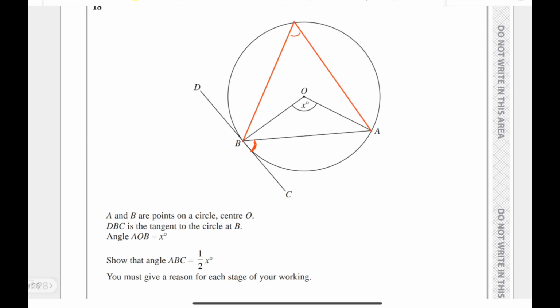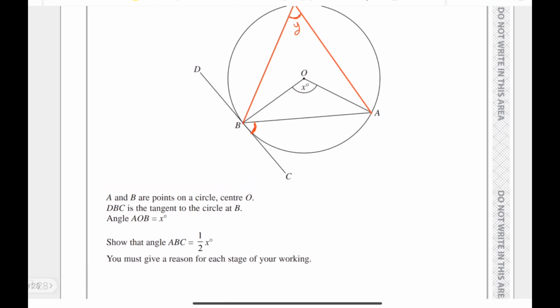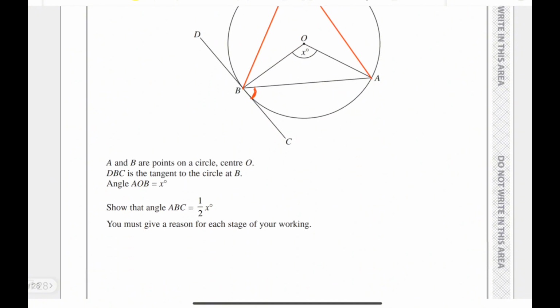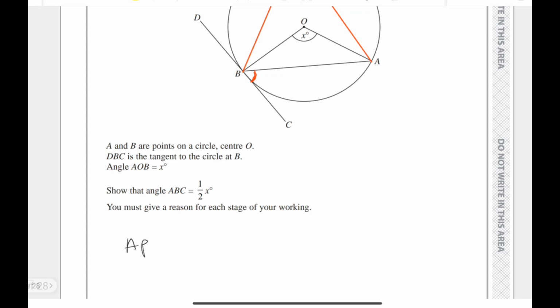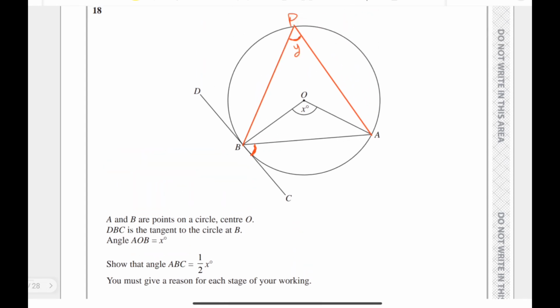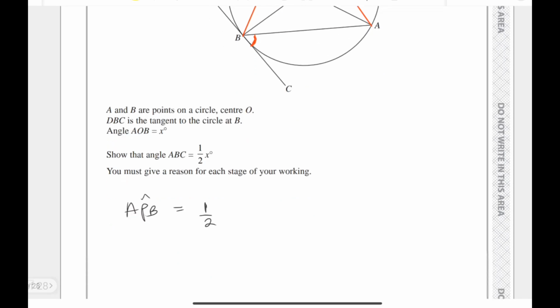Let me call this y, and this is point P. Now, by a rule of circle theorem, angle APB is equal to half AOB.